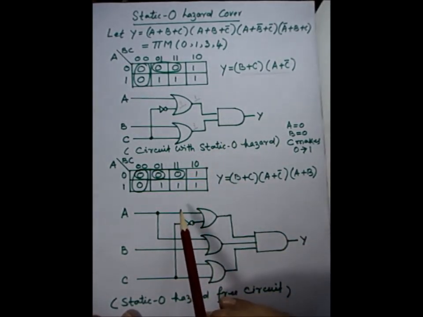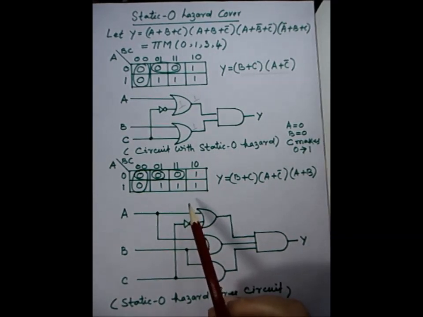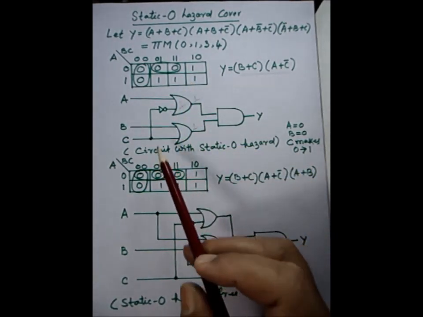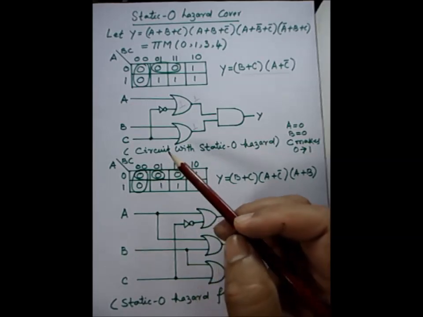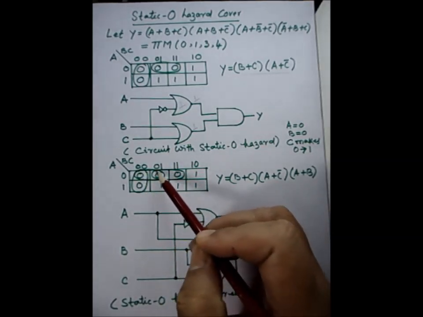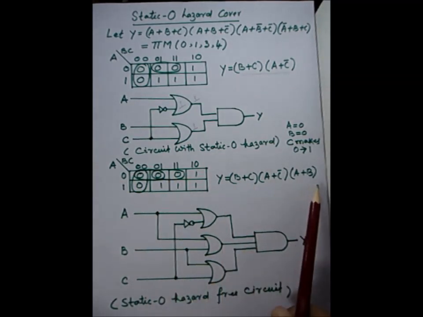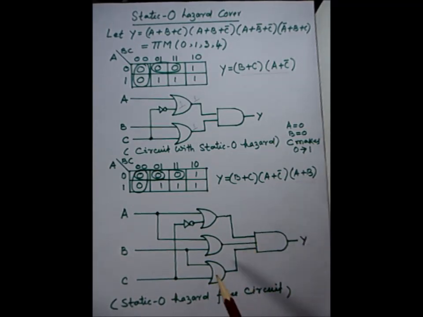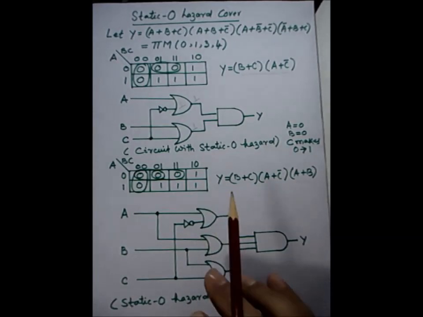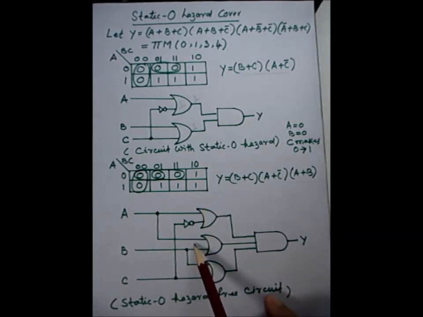Now let us take the same Karnaugh map. You can see that one of the groups has been added here, and due to the addition of the group, another gate has to be added: A plus B. Remaining things are the same, and because of that, we can show that this circuit is free from the static 0 hazard. Now we can explain why.